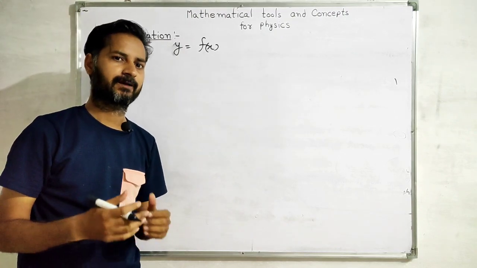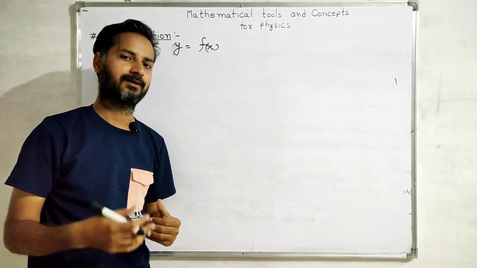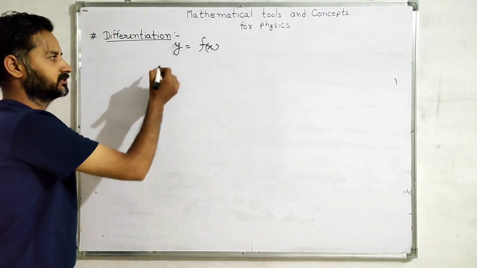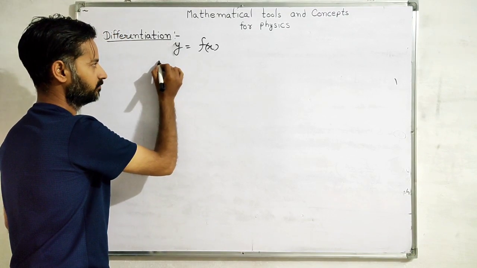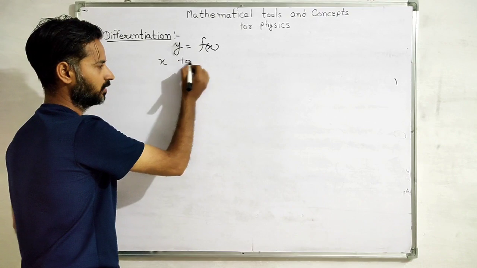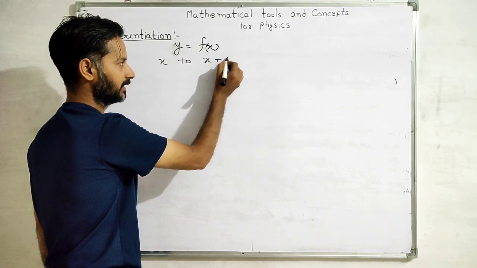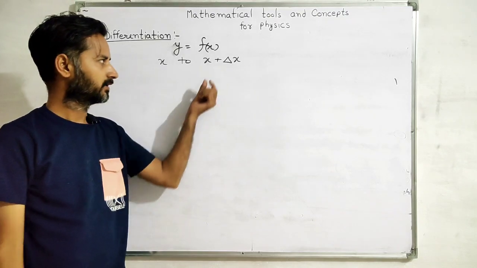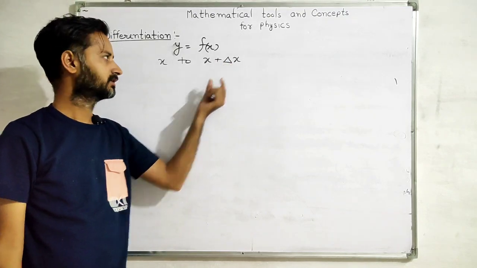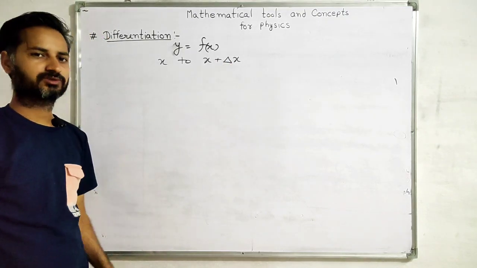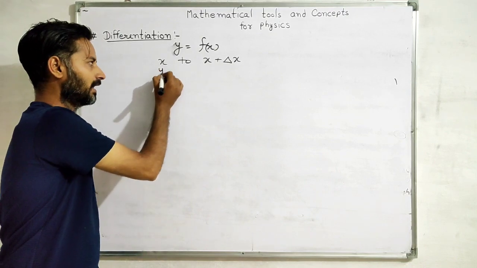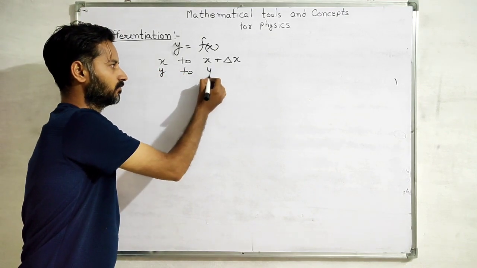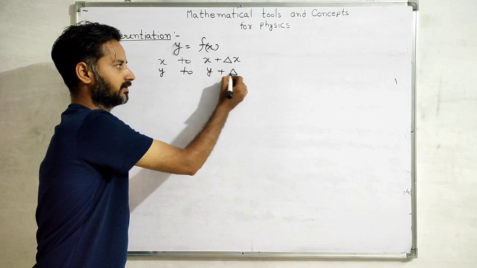If we change the value of x, then y will also change. Let x change from x to x plus delta x. Here delta shows the change. Then y also changes and becomes y plus delta y.